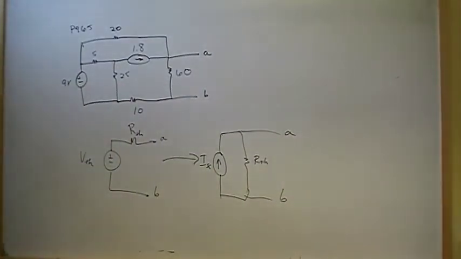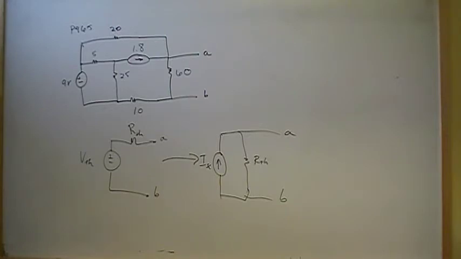So to find the Thevenin equivalent circuit, we could do either the mesh current method or the node voltage method to find the power source at the point of interest seen by the load.